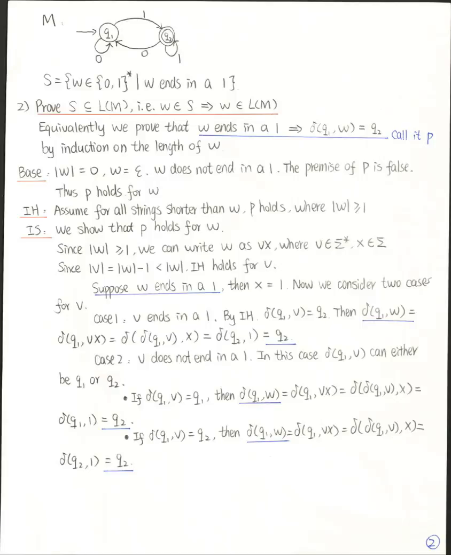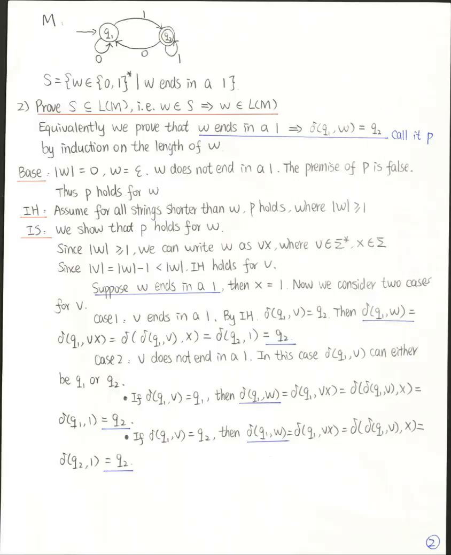Now let's consider the other case. After reading V, the machine ends in Q2. So in this case, if I want to read the whole string W, I start from Q1. Then I'll replace W with Vx. So the machine will first read V, and then from where the machine ends on V, read another symbol X. So the machine ends in Q2.